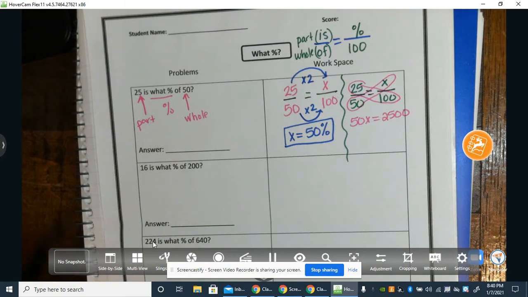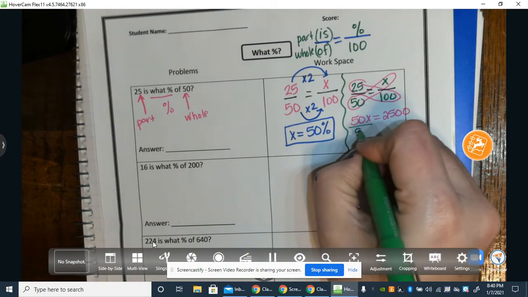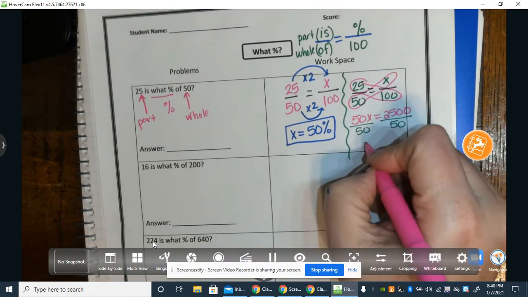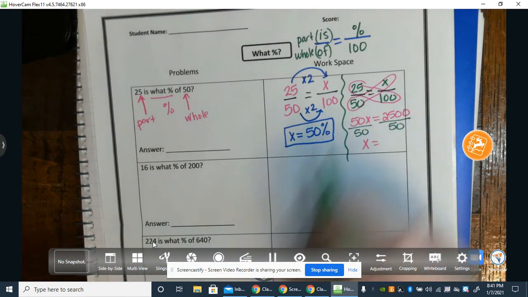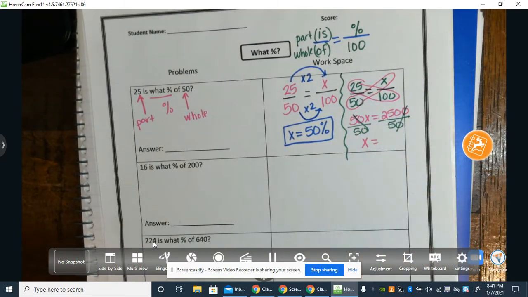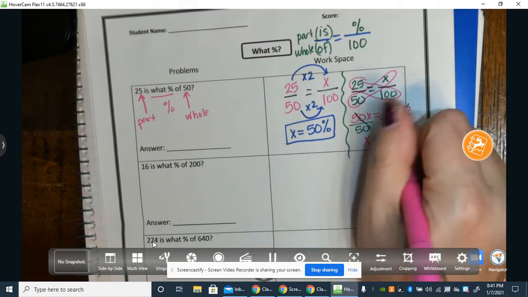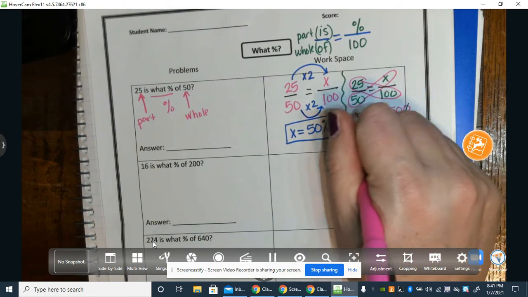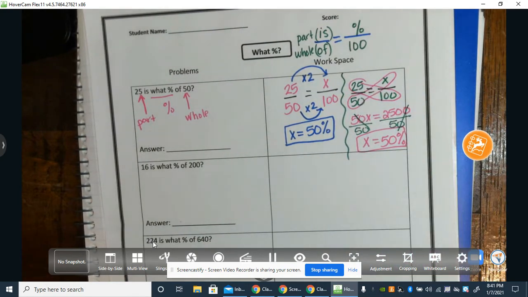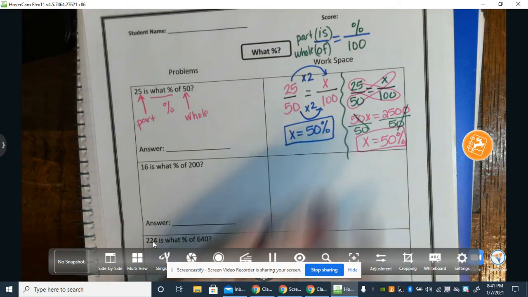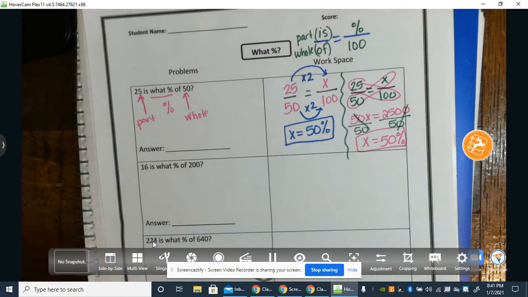All right, then we divide each side by 50. That cancels out, leaving me with x is equal to, and those zeros cross out. 5 can go into 25 5 times. 5 can go into 0 0 times. And because we're talking about percent, we're putting a percent right behind it. So 50%. So setting it up as these equivalent ratios, like a blank equivalent ratio or proportion, you will be able to solve it 100% of the time.